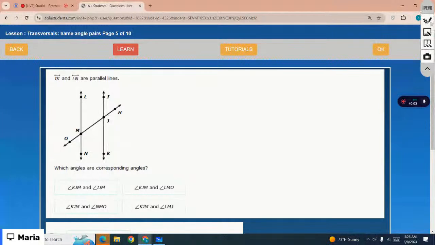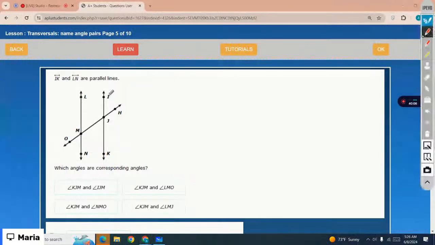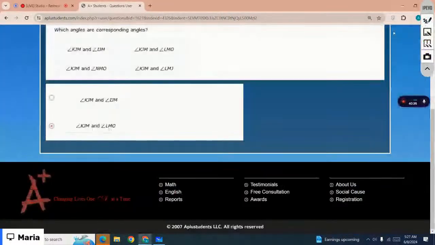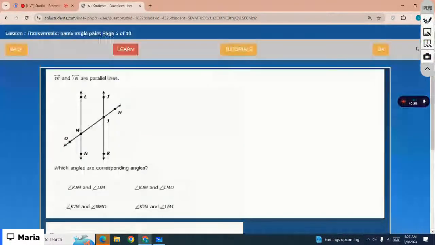Okay, so KJM and IJM, no, they are not the corresponding angles, right? KJM and LM. Oh, yes, they are the corresponding angles, right? The correct option is option number 2, KJM and LMO. Option number B, 2 is the correct option. Got it?